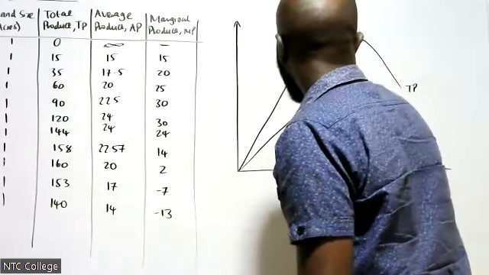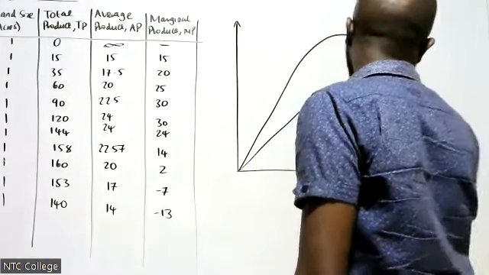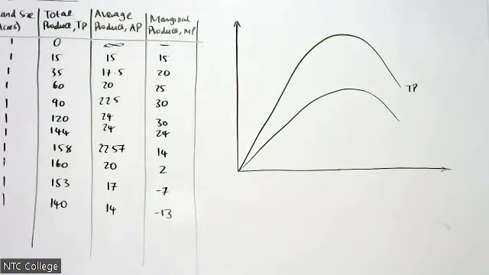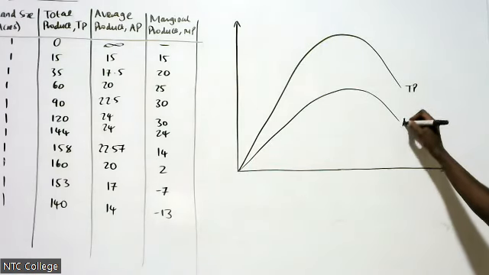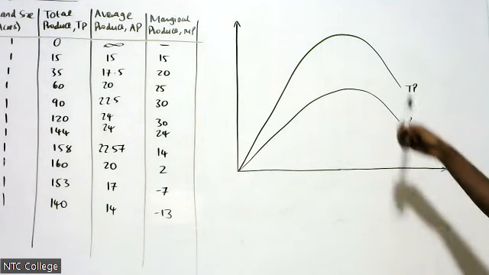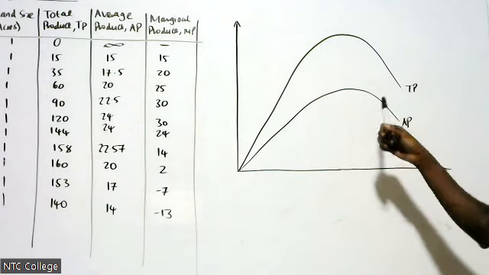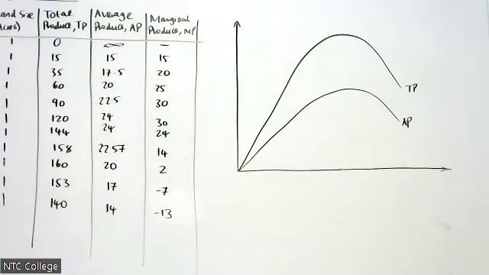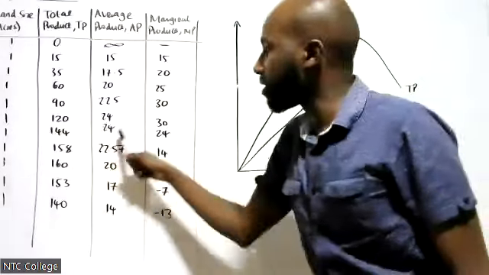So let me just try and come up with AP as well. Yes, AP can take that form. AP is something like that. Generally, where you have the maximum points of total product, you also more or less have the highest levels of average product, somewhere around this level here.